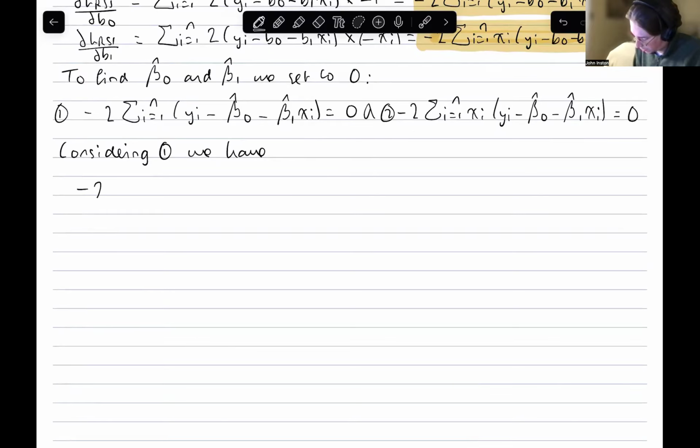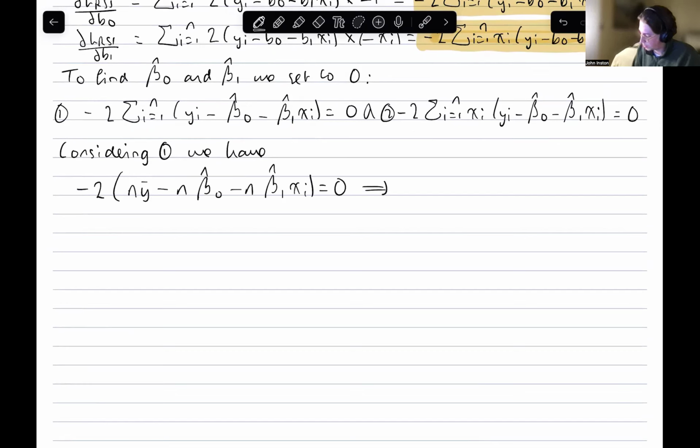So this is going to become minus 2 times n y bar minus n beta hat naught, because it's a sum of n of them, minus beta hat 1 n x bar. And hopefully it's clear why we can cancel n throughout, because n can't be 0 and minus 2 can't be 0. So this just becomes y bar minus beta hat naught minus beta hat 1 x bar.